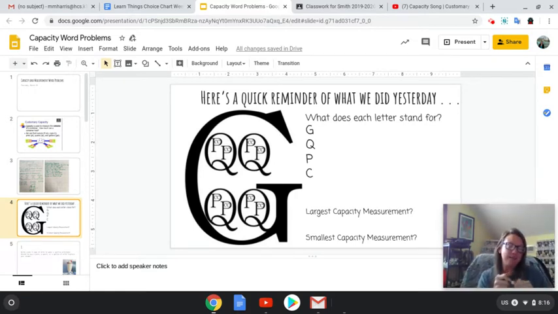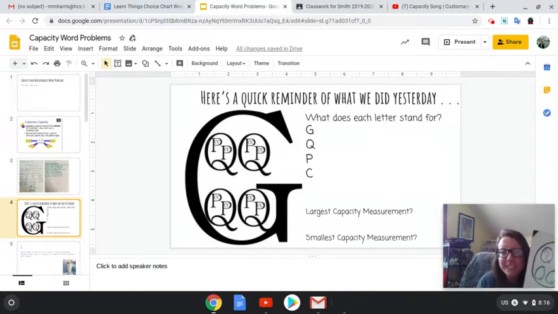And in that kingdom of Gallon, each queen had 1 prince and 1 princess. So if we're writing it, I can put a prince and a princess with each queen.